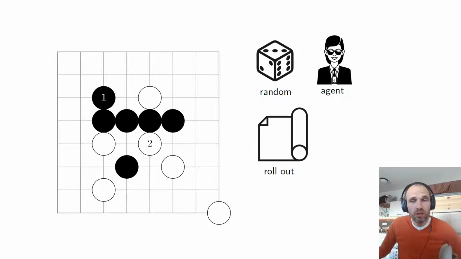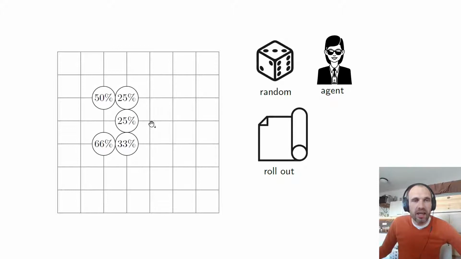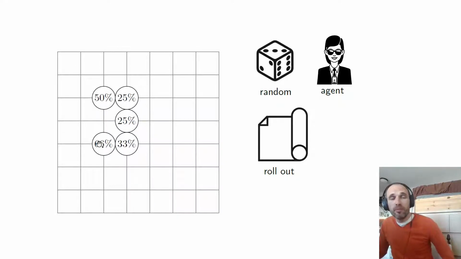until someone wins or doesn't win. This is called a rollout: you just let the random agent play against itself till someone wins. And then you look at what the winning probabilities are. For instance, if you win in 50% of the rollouts, this seems to be a better move than if you only win in 25% of the cases, and if you win in 66% of the cases, this seems to be an even better move.